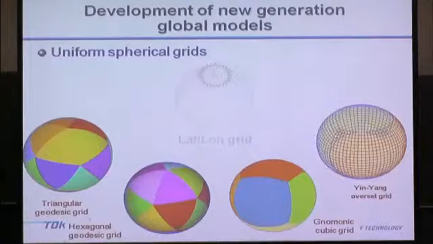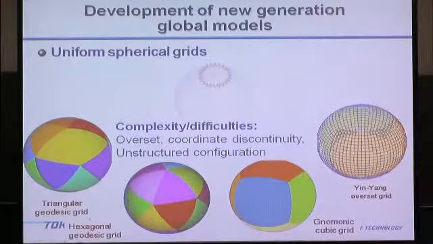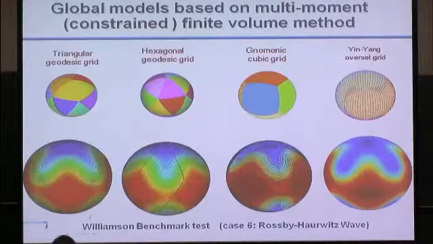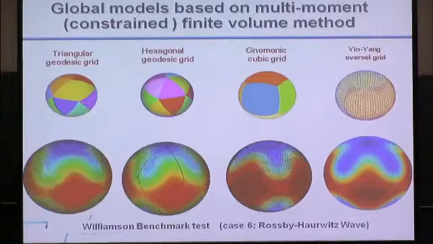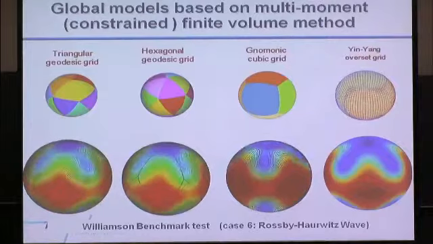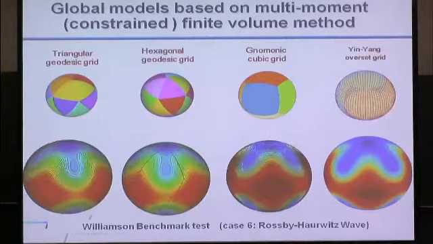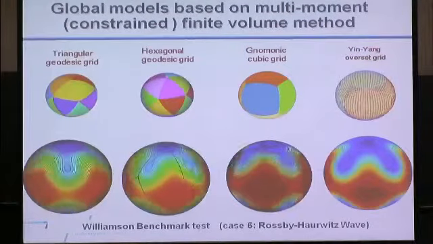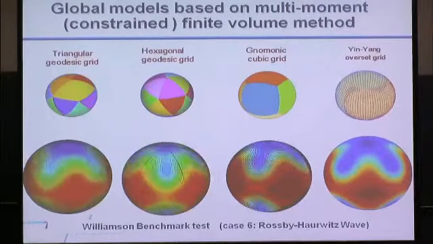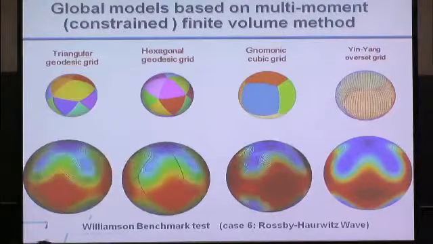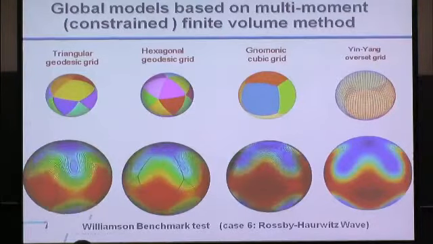We have developed a shallow water model for all of those grids, and they have some difficulties. But we found that our formulation, our numerical method, is very easy to implement on all of those grids. So it's just some simple example results.